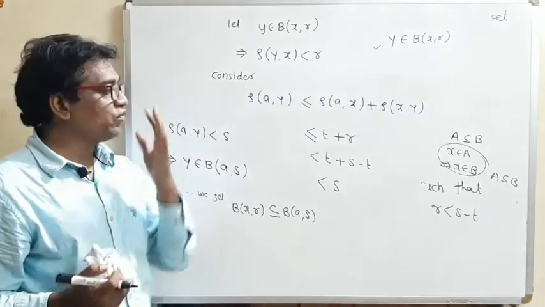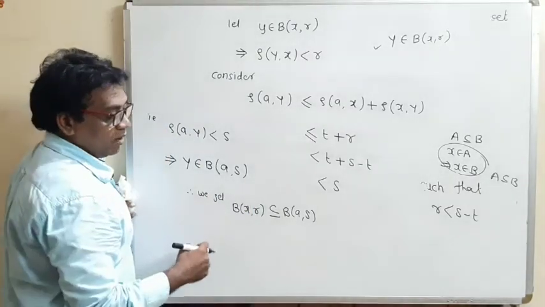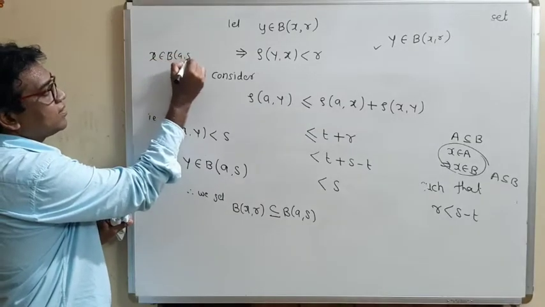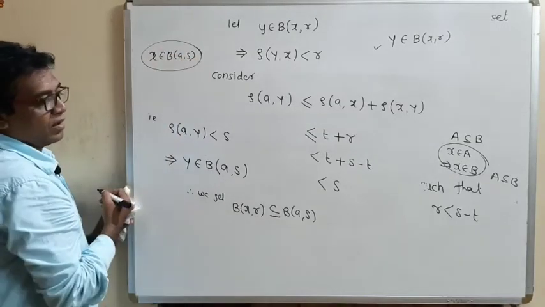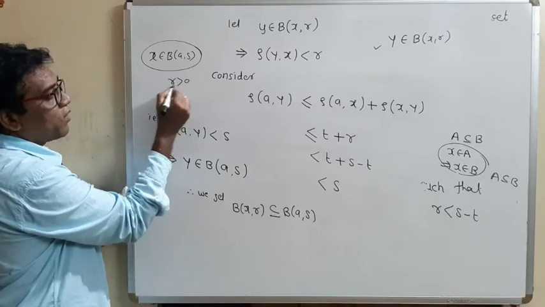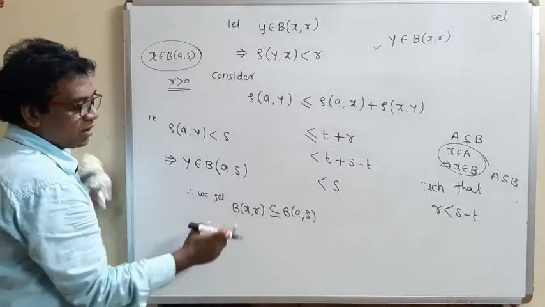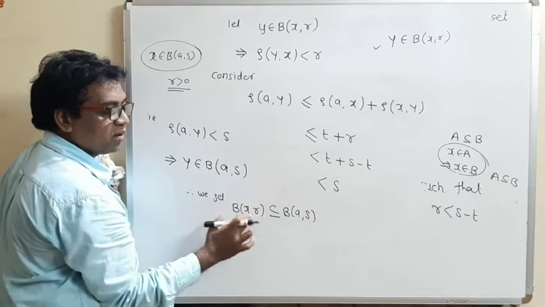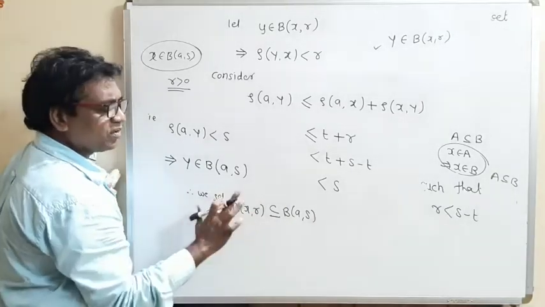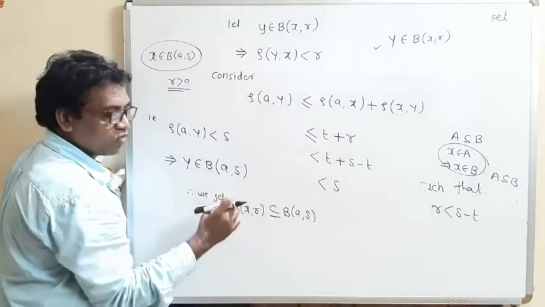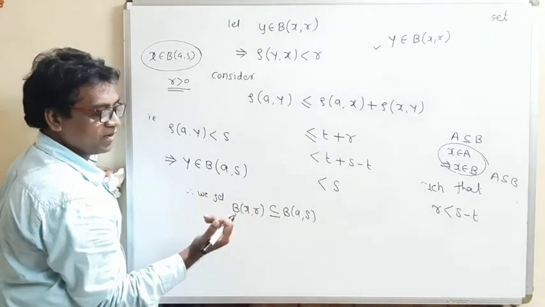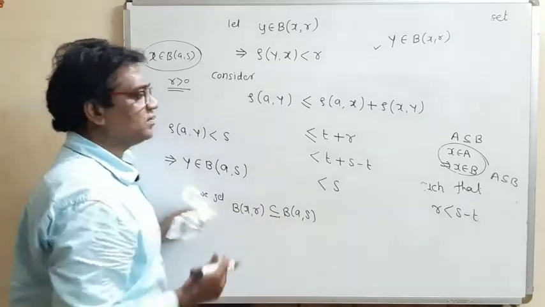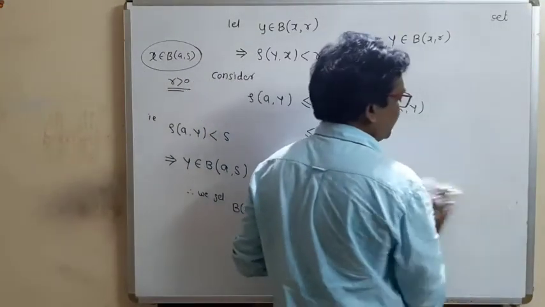So see what we have shown. If x is an element of B(a, s), this is our starting step. We have found some positive radius r having this condition: B(x, r) is a subset of B(a, s). So this is the definition of open set. So see what is the definition of open set. How to show that any set is an open set? Just find some open sphere which is a subset of G. This is the basic idea for showing an open set.